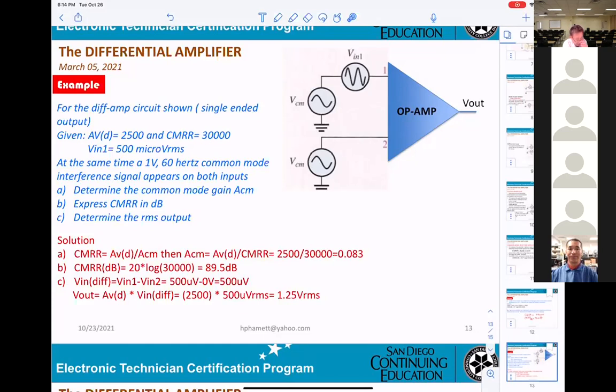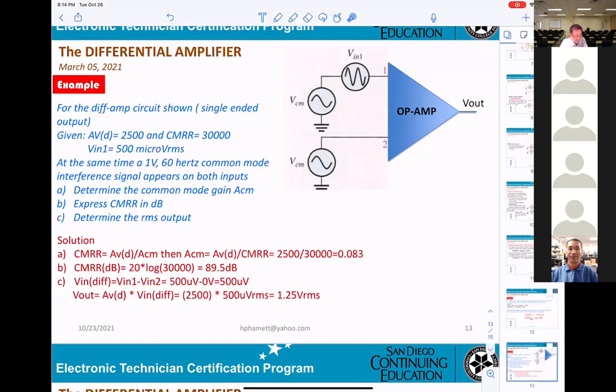For the differential amplifier circuit shown, single-ended output. What does that mean? Only one output. Exactly. In the circuit we already went through, there are two outputs, output 1 and output 2. However, now they're using only one, so they call it a single-ended output. They are given AVD 2500 and CMRR 30,000.